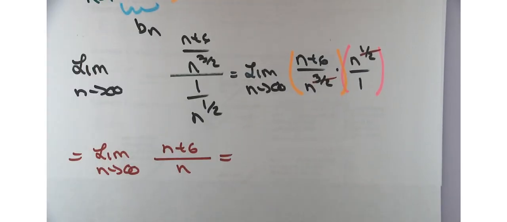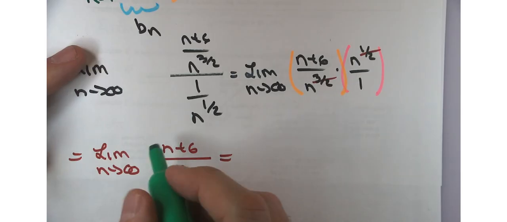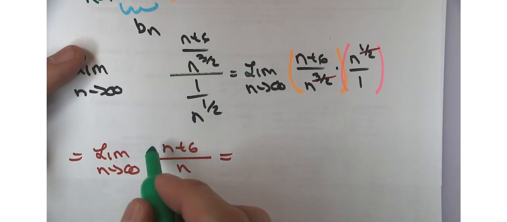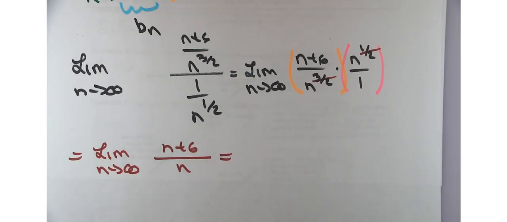Cameron, what's that limit going to be, please? That's going to be infinity over infinity, but then if you use L'Hopital's rule, it's just 1. Yeah, so we can use L'Hopital's rule and get that. Is there somewhere else we can get that limit? There's nothing wrong with Cameron using L'Hopital's rule.